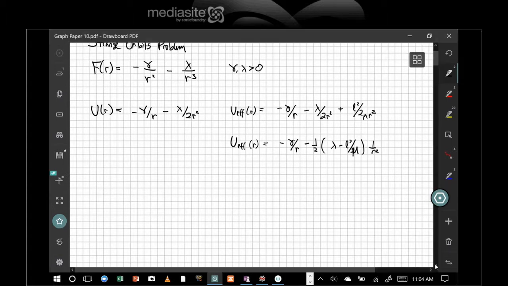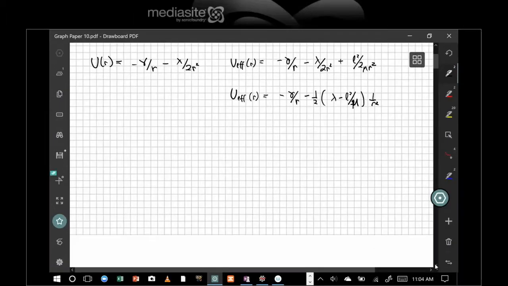What I want to do is plot the effective potential, but I have to plot it for different conditions. There are 3 conditions I have to plot this for, and it depends on the value of lambda with respect to L squared over mu. Let's look at case 1. My first case is that lambda is less than L squared over mu.